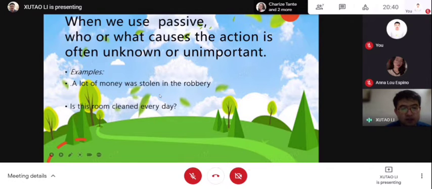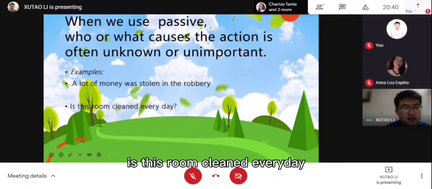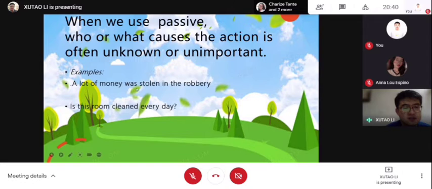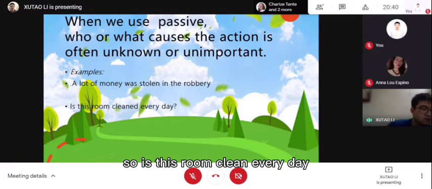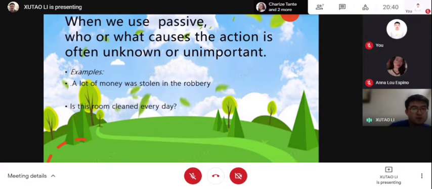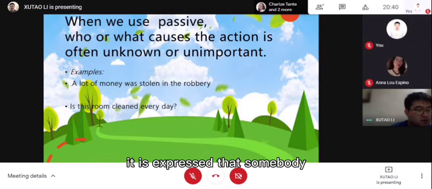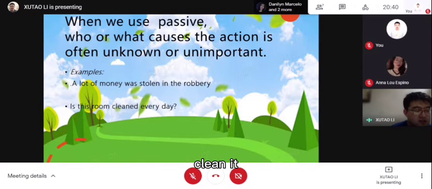Another example: is this room cleaned every day? From this sentence, it is expressed that somebody cleaned it.